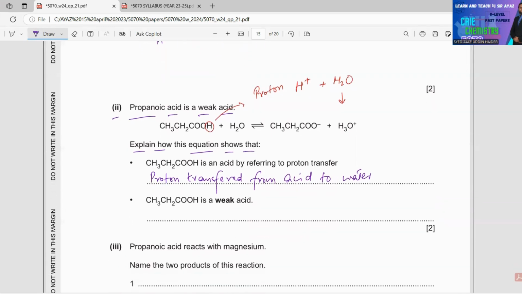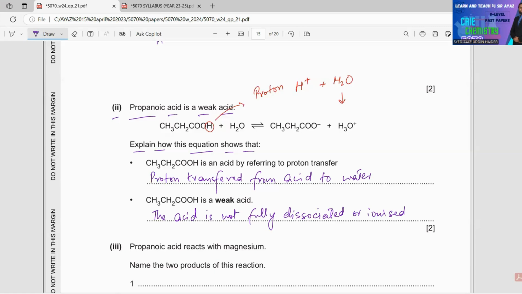CH3CH2COOH is a weak acid. So how does this equation show it? It's not fully dissociated. The acid is not fully dissociated, or you can even write ionized, or the reaction does not go to completion.